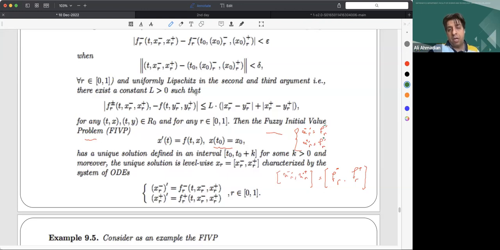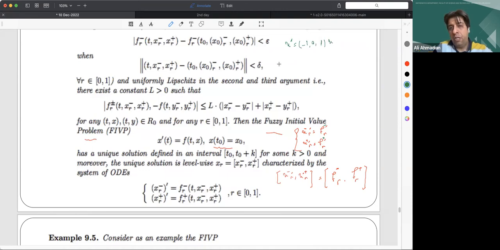So for example, I have a fuzzy initial value problem like x prime is equal to a fuzzy function like -1, 0, 1, and x.